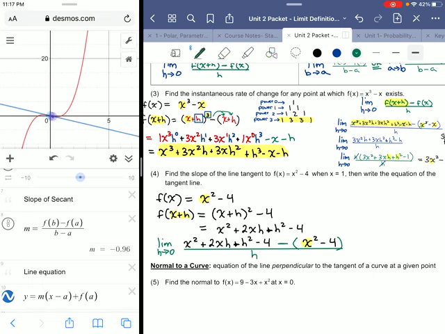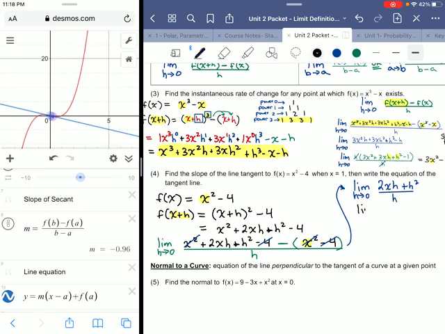No, it's just an h. And then when you clean it up, x squared minus x squared is 0, negative 4 minus negative 4, negative 4 plus 4, also 0. And so we're looking at the limit as h approaches 0 of 2xh plus h squared over h.